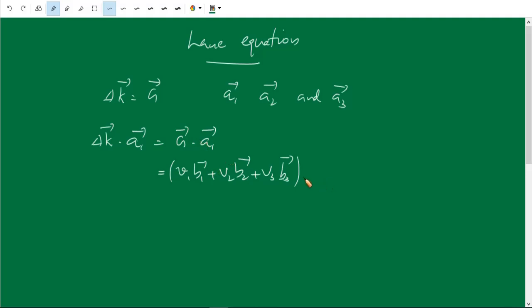Dot A1. So we know B1 dot A1 is equal to 2 pi. Therefore 2 pi V1. B2 dot A1 is 0. Similarly B3 dot A1 is also 0. So delta K dot A1 is equal to 2 pi V1.